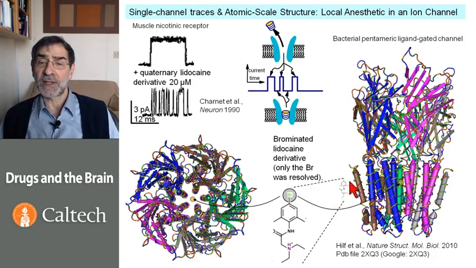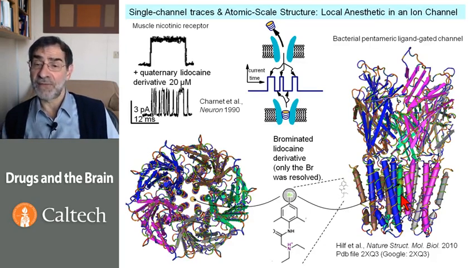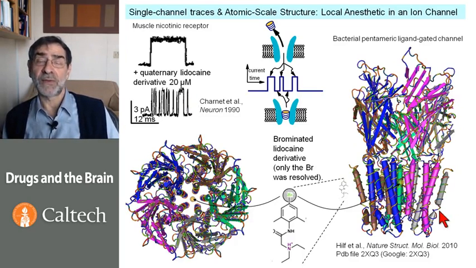So on the scale of the rest of the molecule, here is the drug, and we can see the crystallographers resolved only the bromine part, but there's good evidence that the rest of the molecule comes down one or two turns of the alpha helix this way. So we have a very nice confirmation between electrophysiology and X-ray crystallography of this direct, simple view of drug block of ion channels.